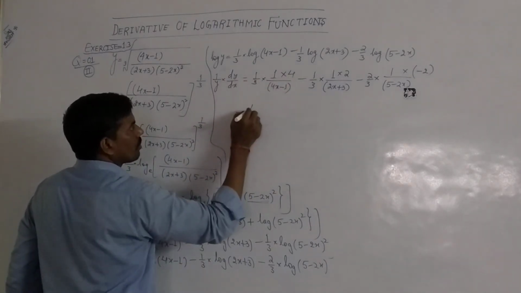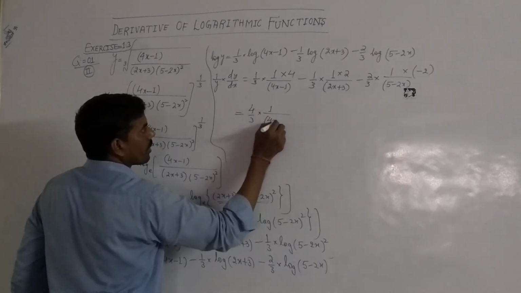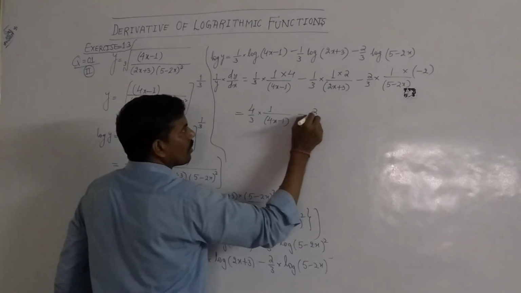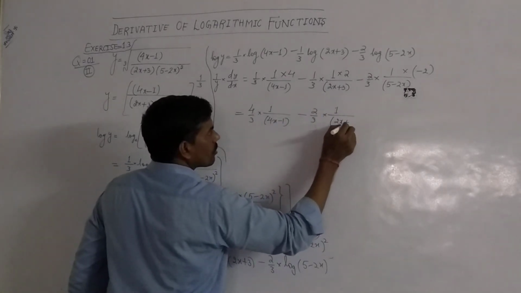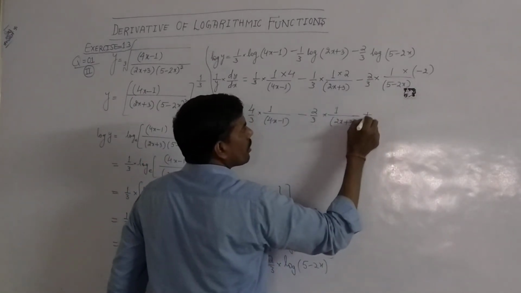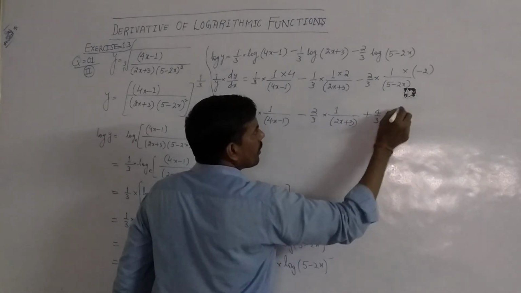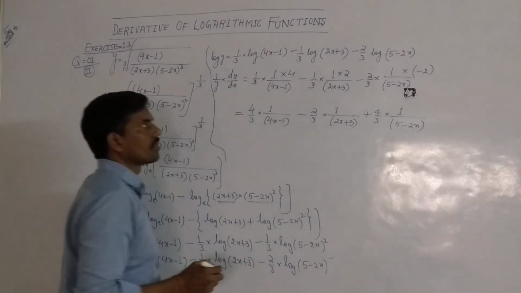This is equal to 4 by 3, 4 ones are 4. 4 by 3 into 1 upon 4x minus 1, minus 2 by 3 into 1 upon 2x plus 3, minus, 2 2s are 4, minus into minus plus 4 by 3 into 1 upon 5 minus 2x.